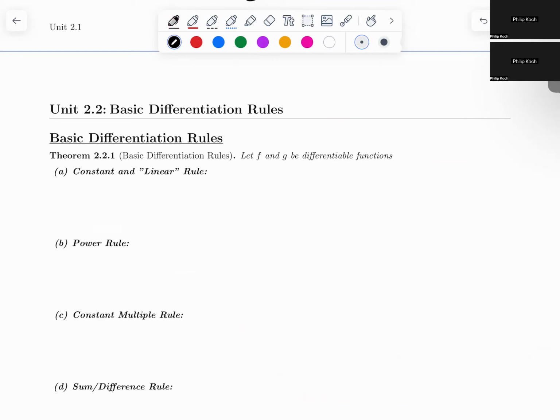So there's the constant rule, or linear rule. Really just call it the constant rule. It says that d dx of c is equal to 0 for any constant.